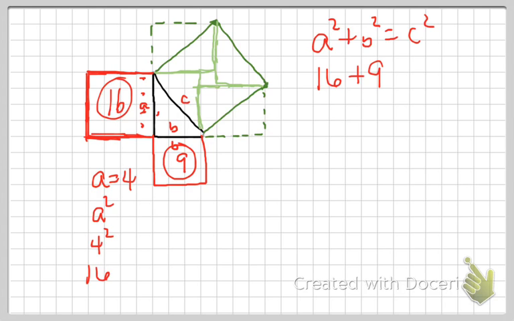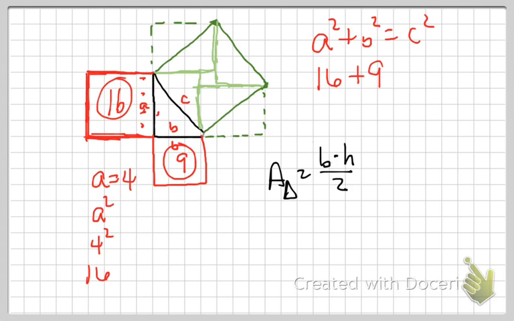Alright, now that I have my triangles all designed, I'm going to do the area of a triangle. Okay, so the area of a triangle is base times height divided by 2.